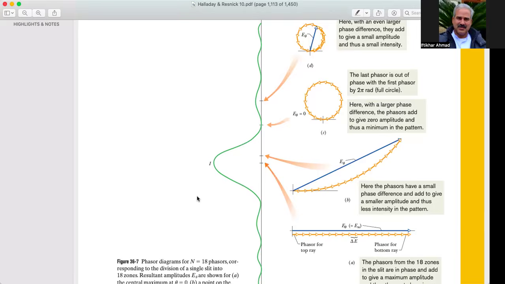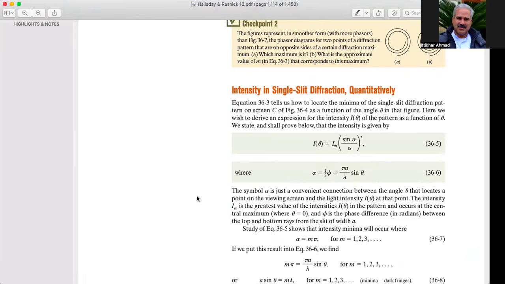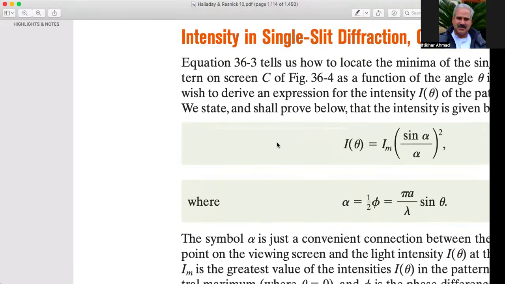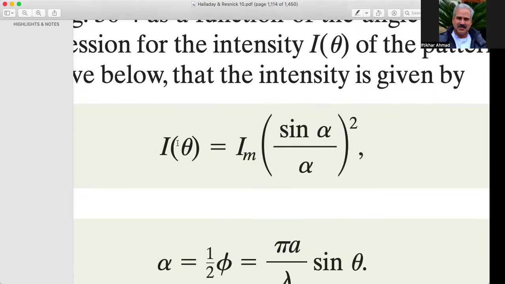But like the misconception here in Pakistan, about what we have studied and what we have seen, one thing more I want to explain here, that this is the equation which governs your diffraction pattern. If you see in this equation, the intensity is directly related to your maximum intensity.